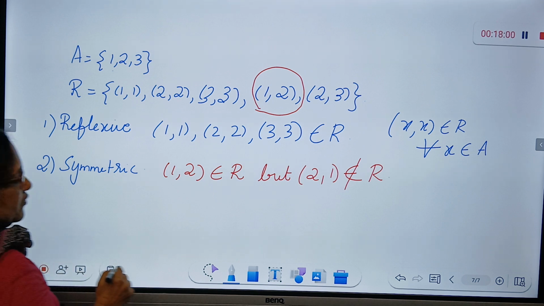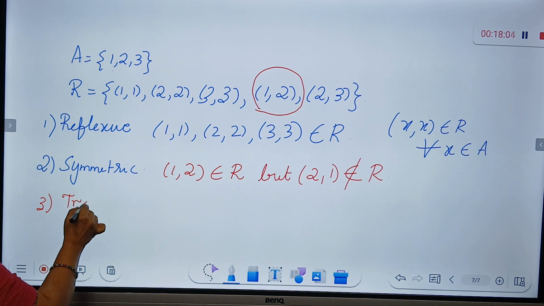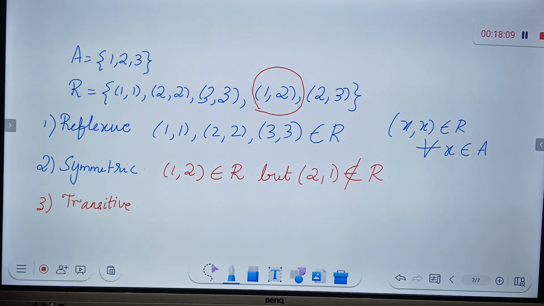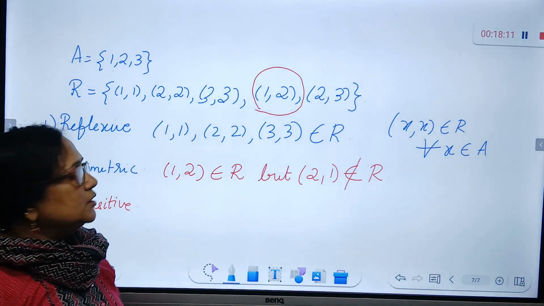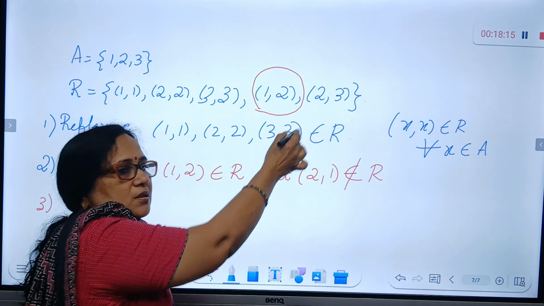Next, let us check for transitivity. Now, you have to tell me whether it is transitive. What do you notice, children? You can see (1, 2) belongs to R, (2, 3) belongs to R. So, what is the question?